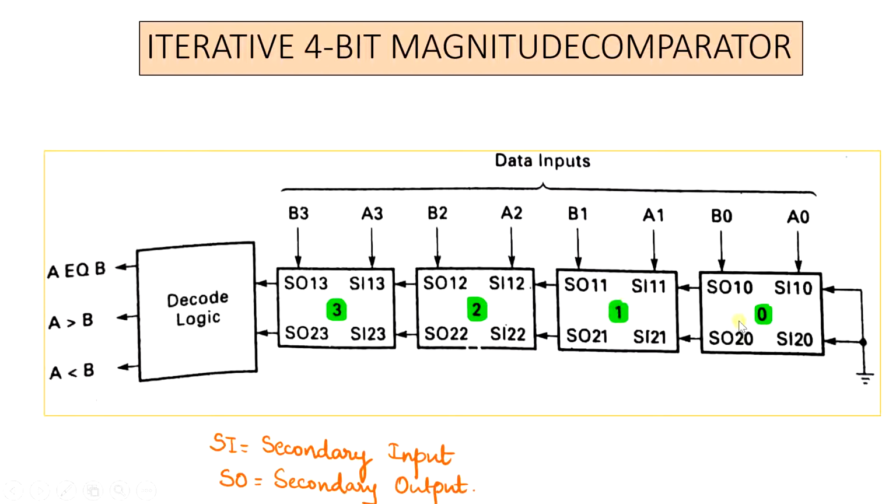So in this particular case, you are going to check A0, B0 with SI10 and SI20 and decide whether it is A greater than B, A less than B or A equal to B, and transmit the encoded value corresponding to the result to SO10, SO20, and that is passed on to SI11, SI21.